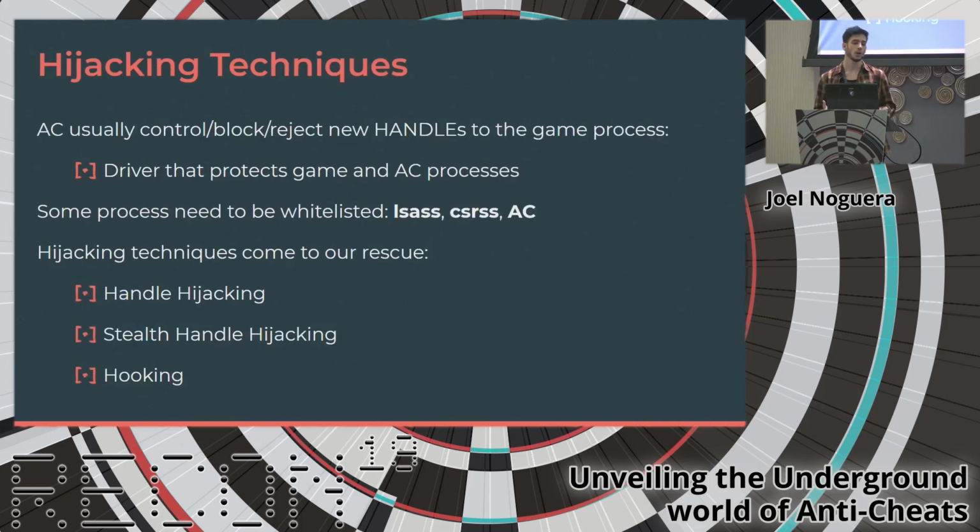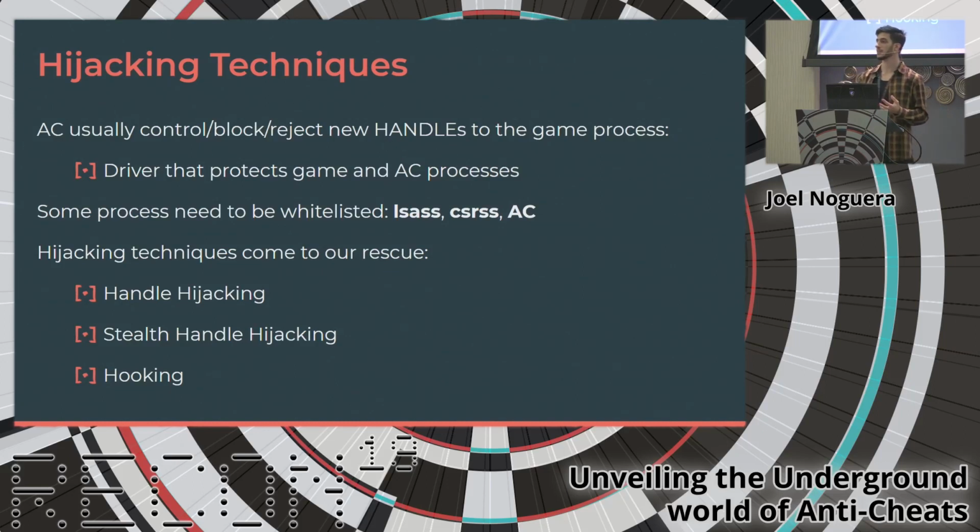So first of all, I started looking at hijacking techniques. Anti-cheats usually protect the game, so if any other process gets a handle, this handle will have such low privilege that it won't be able to read and write the memory of the game.